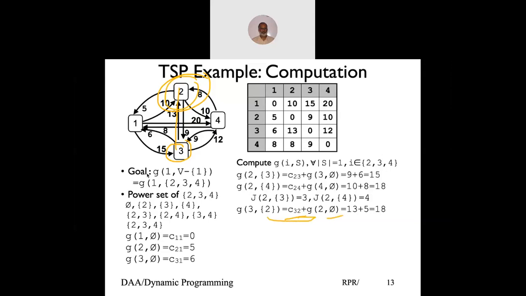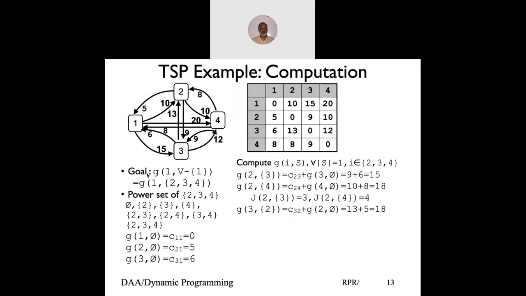So G(2, ∅) is the cost C21, which is 5. C32 is 13. 13 plus 5 is 18, and that is what we basically get.